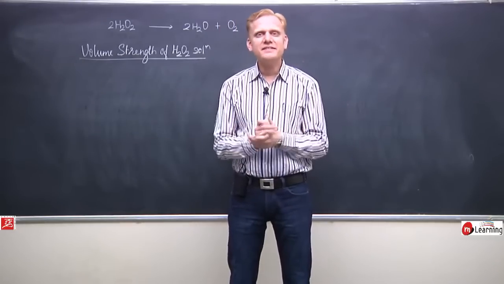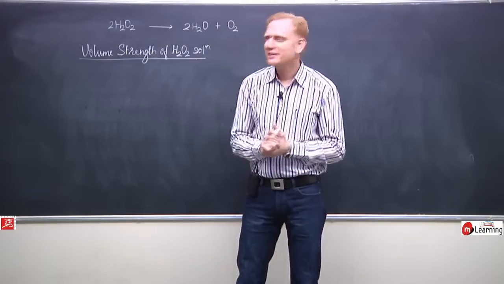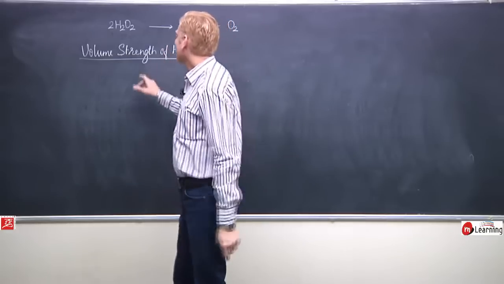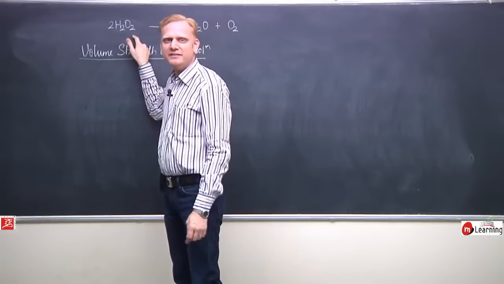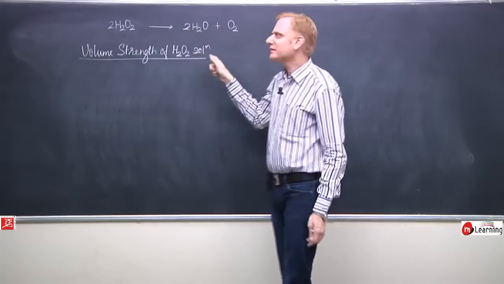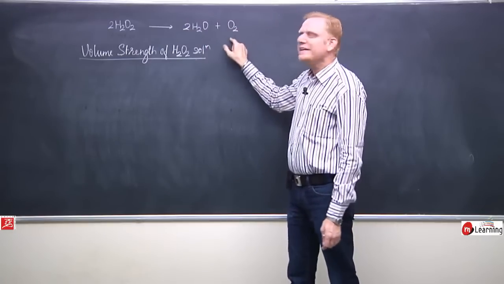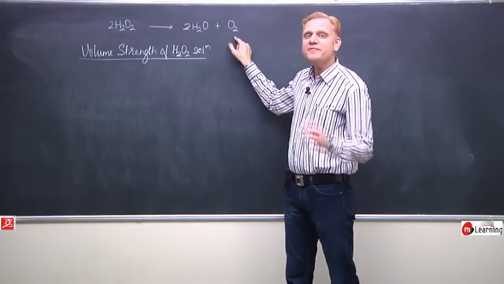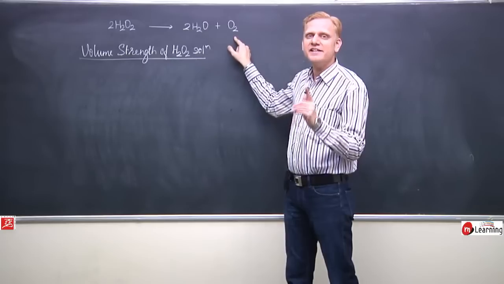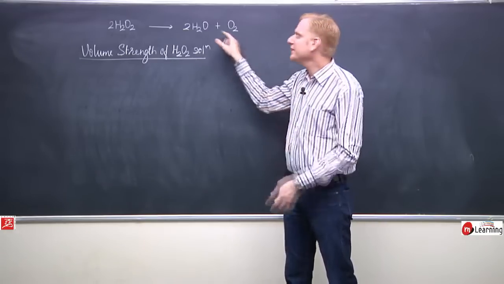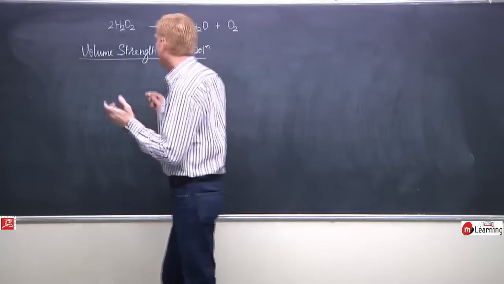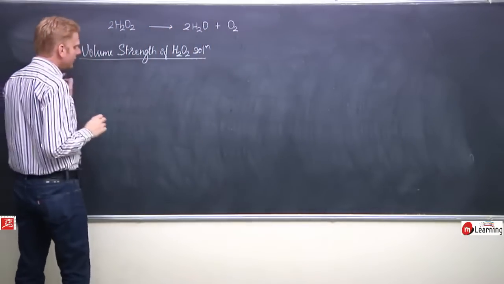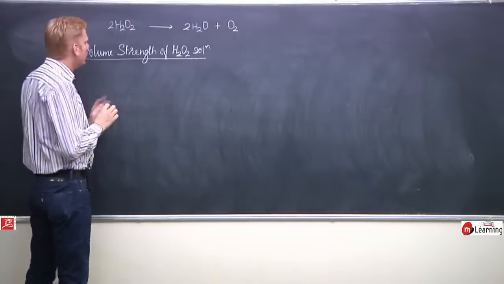Is it the correct statement? Yes. I repeat. A solution that contains 2 moles of hydrogen peroxide will liberate 22.4 liter oxygen if collected in the standard condition of temperature and pressure in the decomposition reaction.